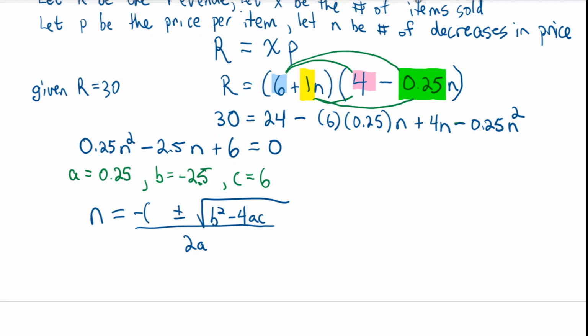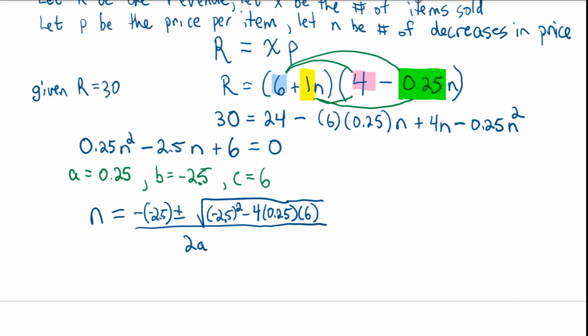So I'm just going to replace all of these values with the appropriate numbers. So b is negative 2.5. And let me just erase this so I can write this properly. So we got negative 2.5 squared minus 4 times 0.25 times the 6.